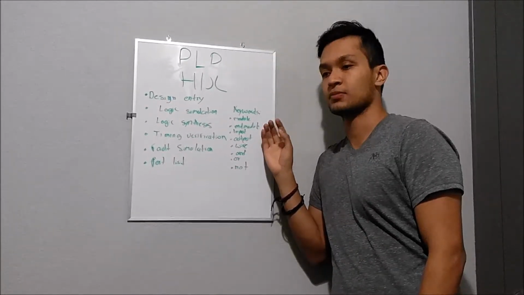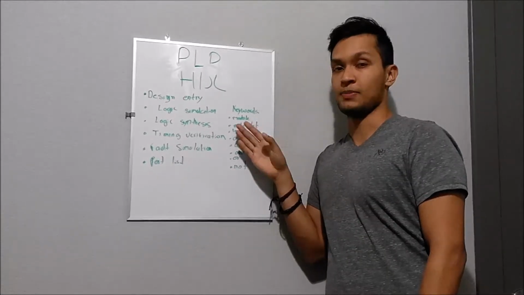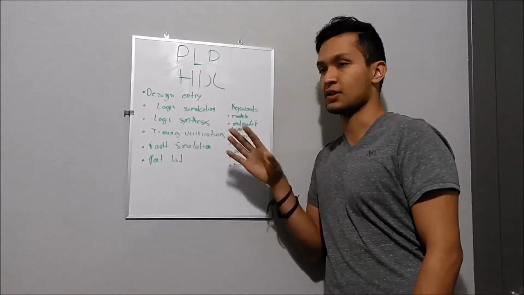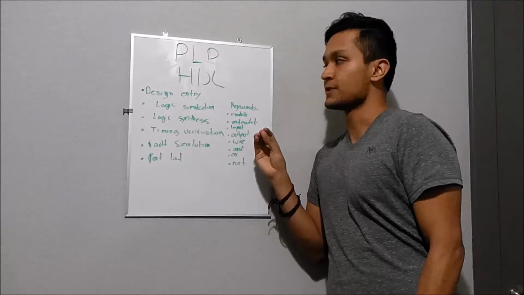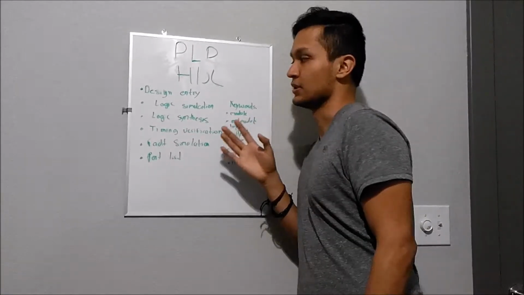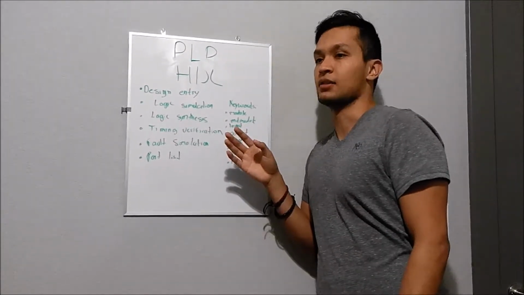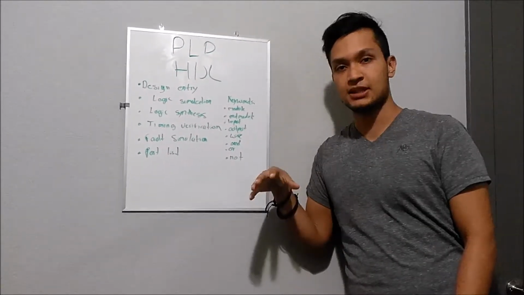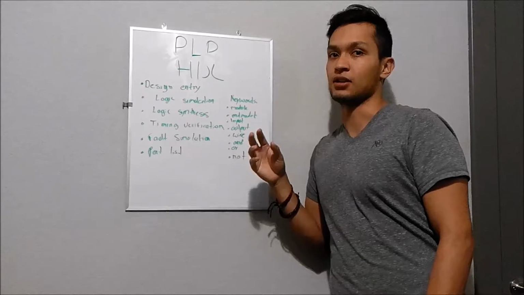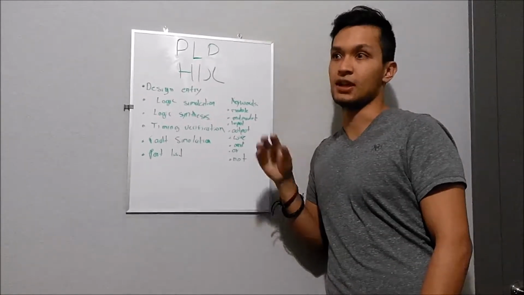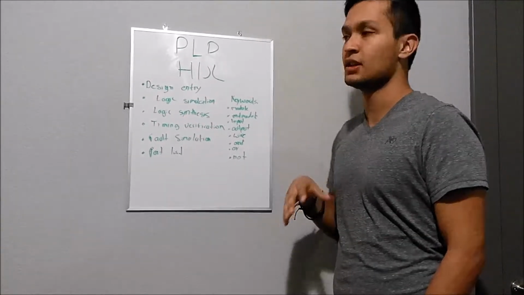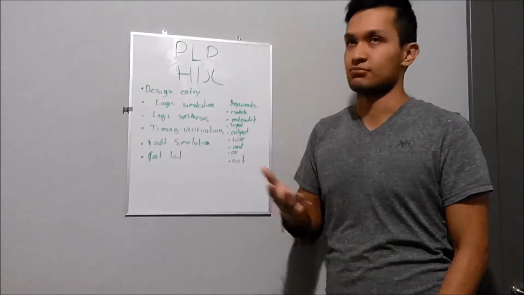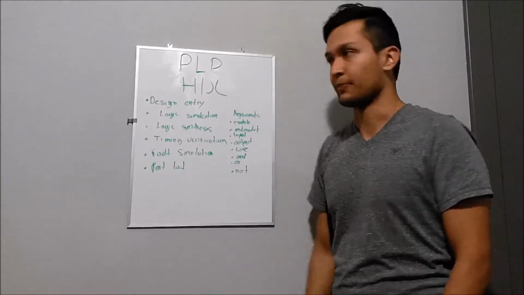This way to program has several characteristics. First of all, it has a design entry. That means you have to put in text inside of the program environment in order to get the desired logic gates, such as any kind of program.